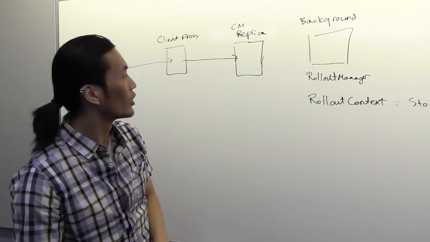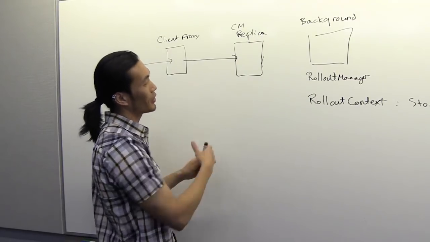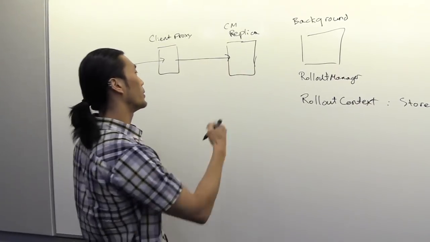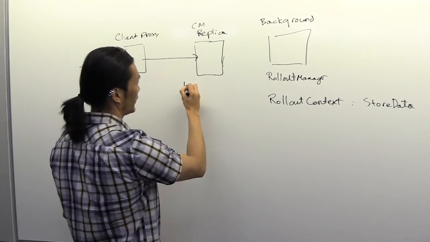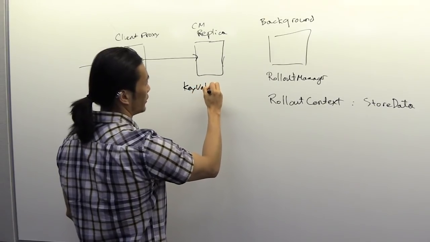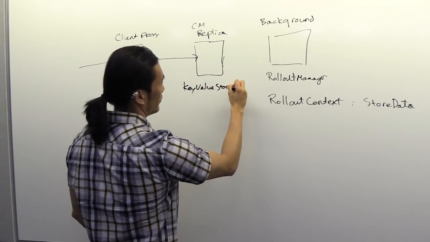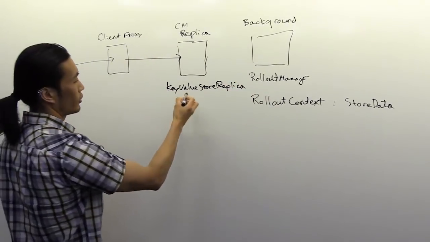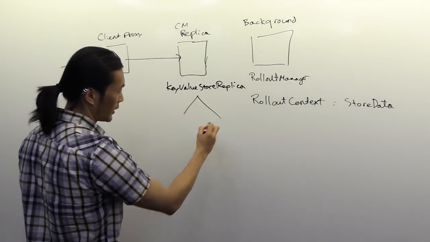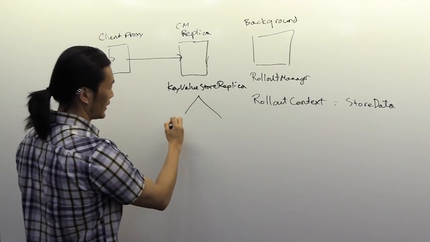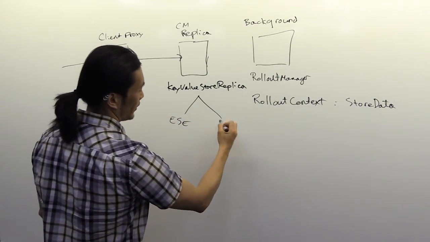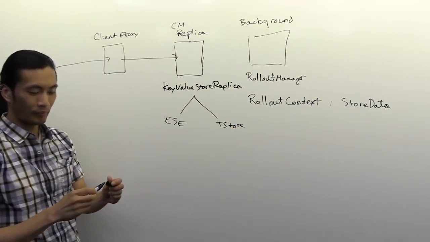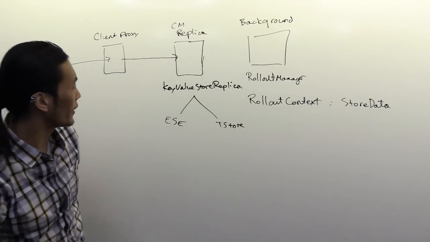For me, it's okay. Like I did mention earlier, there's a switch in the store now between two different types. This is built on top of an abstracted layer called the key value store replica, and that's under source/store. It has the ability to switch between the two different types, the ESE based type and what's called T-store. Yes, correct. And we had Preeta in here talking about that. Okay, great, fantastic.